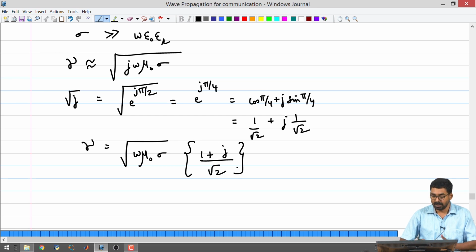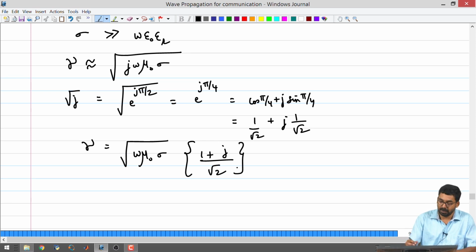So then it becomes easy to separate what is alpha and beta. In this case one can notice that it is very easy to separate alpha and beta. You will have a j term and you will have a non j term, that is all.